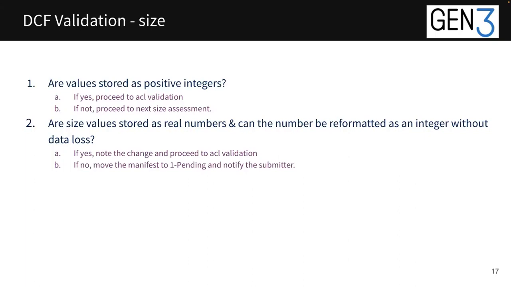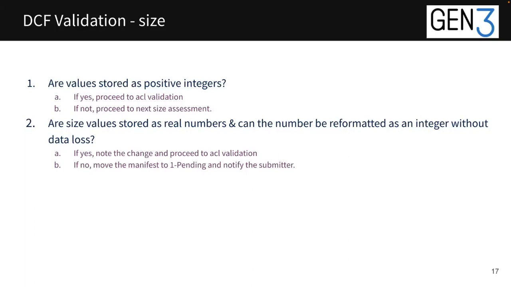Are size values stored as real numbers? And can that number be reformatted as an integer without data loss? So for example, it's not uncommon for spreadsheets to store numeric fields with a decimal and 2 digits of precision, but those decimals are often .00. So that's a case where we could convert it to an integer without data loss.